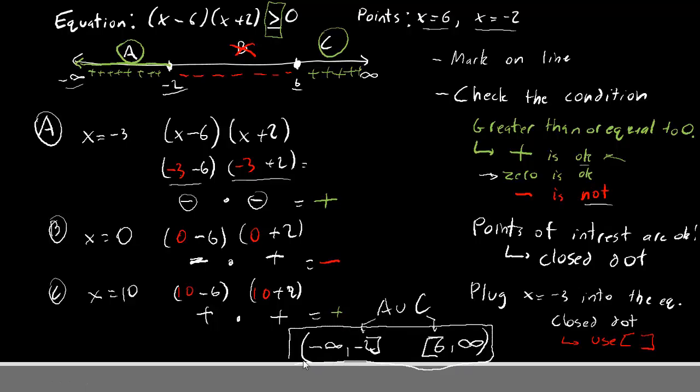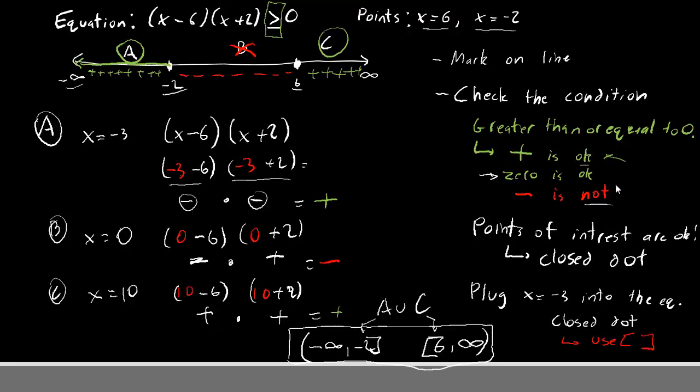All right, so just to recap what we've done, after we found the points of interest, our procedure is going to change depending on what inequality sign we have here. It's very important to check your conditions to see what is part of the solution and is not part of the solution.